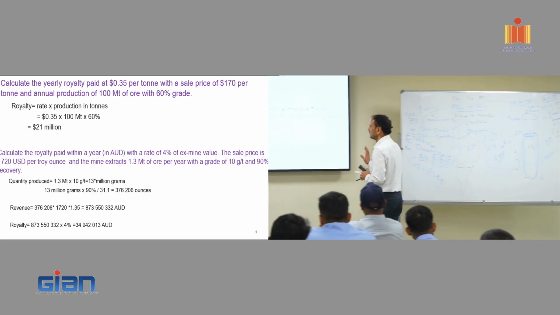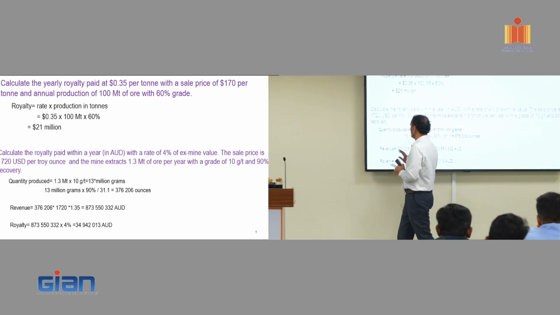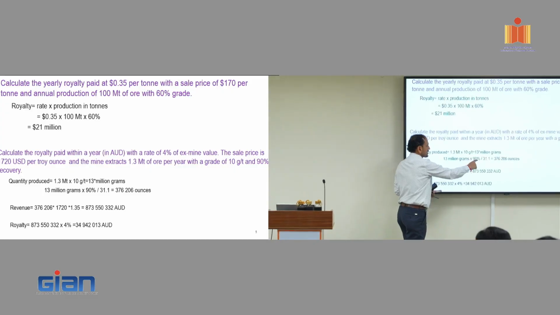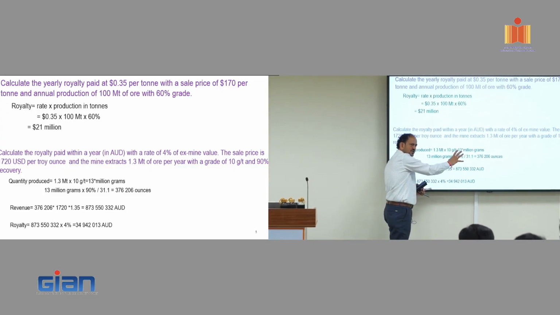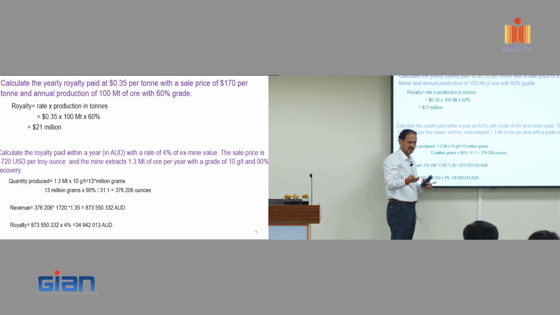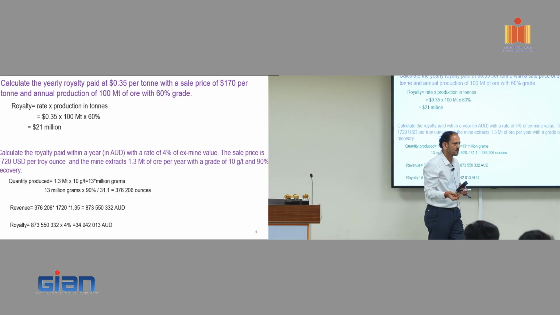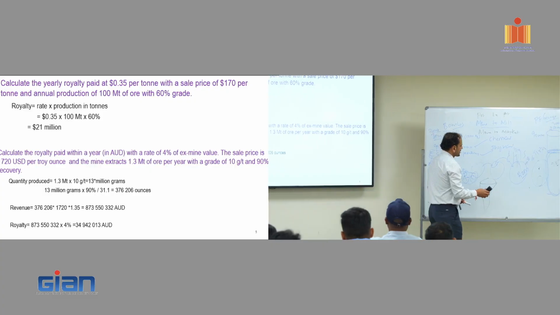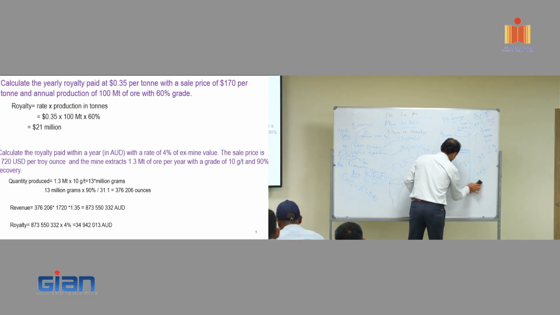So this is one thing that I wanted to show. One is quantity produced times percentage recovery, which we were talking about. Mostly for precious metals, it is in the range of 95 to 98%. Gold, platinum, silver are precious metals. What are the base metals? What are precious metals? What are base metals? What are critical metals?